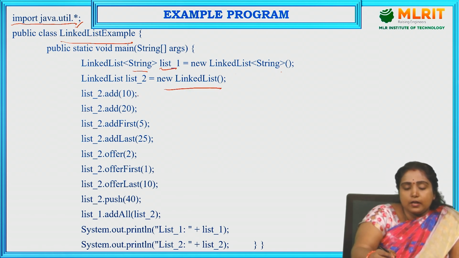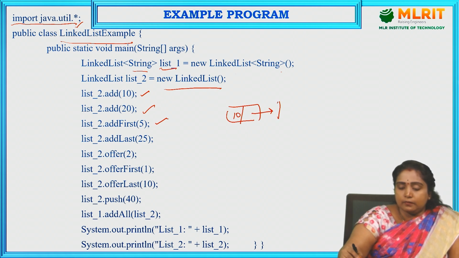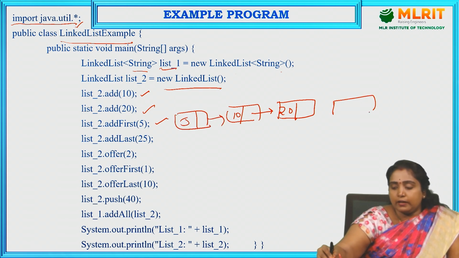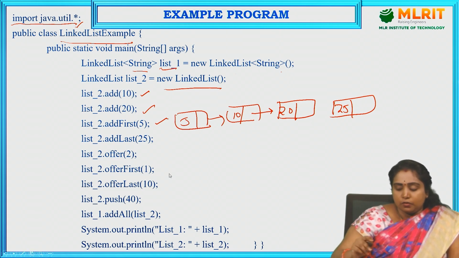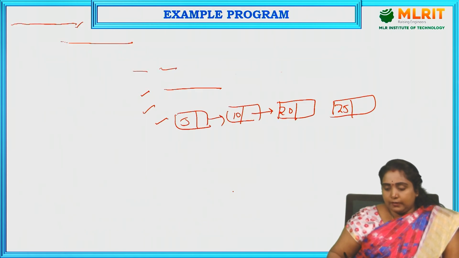In list2 I have added 10, 20, and 5 at the first. So how it would look like is 10, 20. Next at the first I have added 5. And next at last I have added 25. And next offer 2. So what was offer? End of the list.